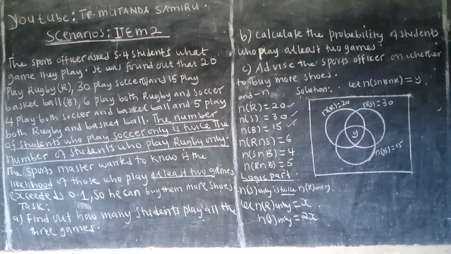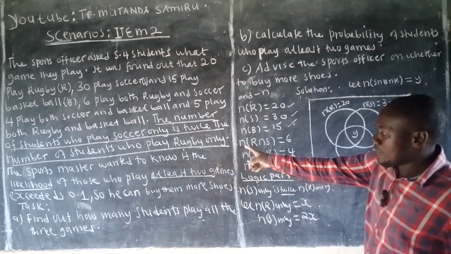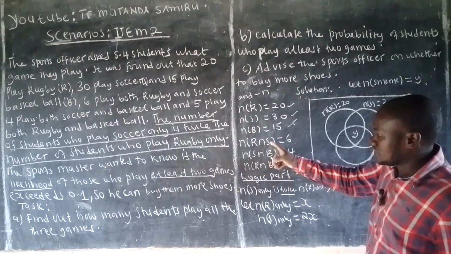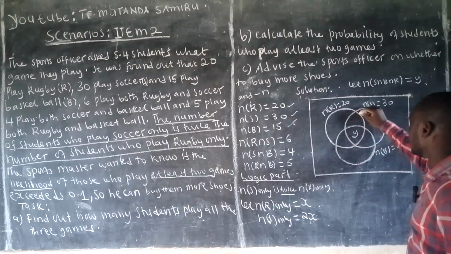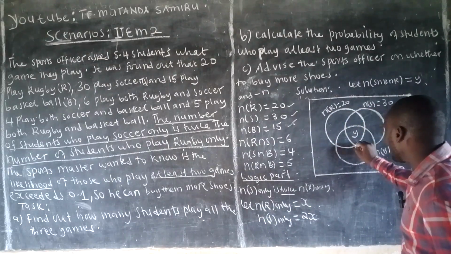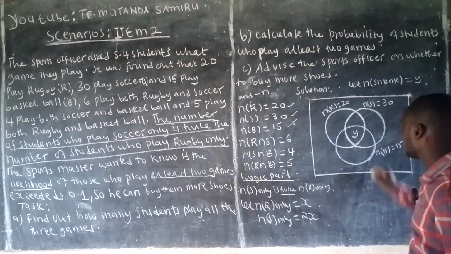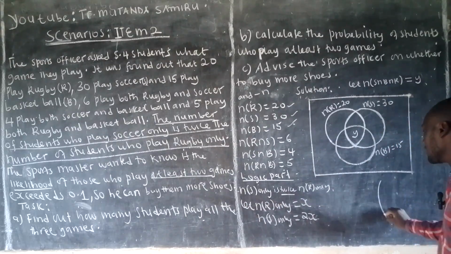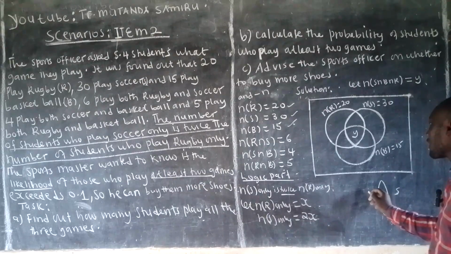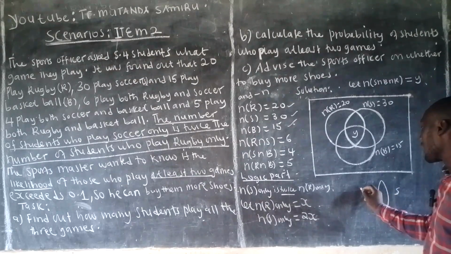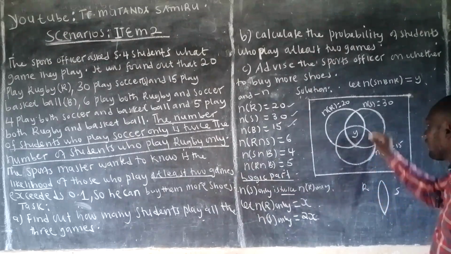Let's now proceed to the other information. Number in R intersection S is 6. Now, where is R intersection S? R intersection S is this region. That 6 takes over this region. I want to explain something here so some people can see. It takes on this shape, whereby this is the side of S and this is the side of R. I've drawn only this part.